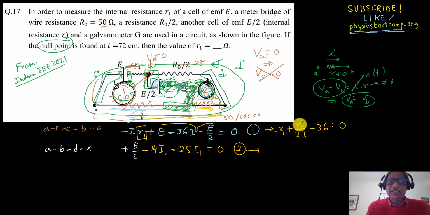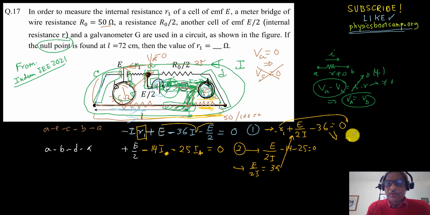So from here, all I need is E over 2I. Divide by I everywhere. So that's equal to minus 14 minus 25 equals 0. So E over 2I is simply 39. So I put 39 over there, and bring this down the other side. So R1 is 39 minus 36 equals 3 ohm.